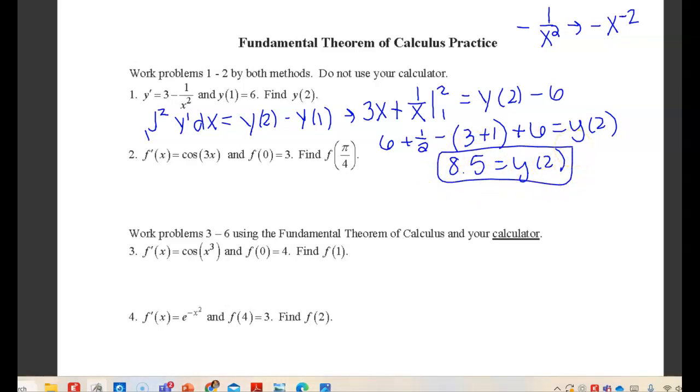Number 2, f prime of x equals the cosine of 3x. f of 0 is 3. Find f of pi fourths.